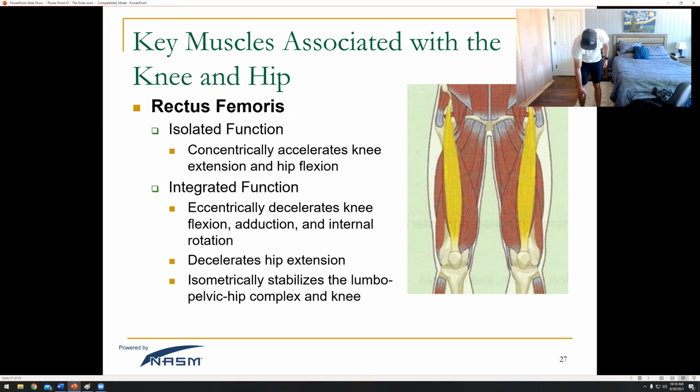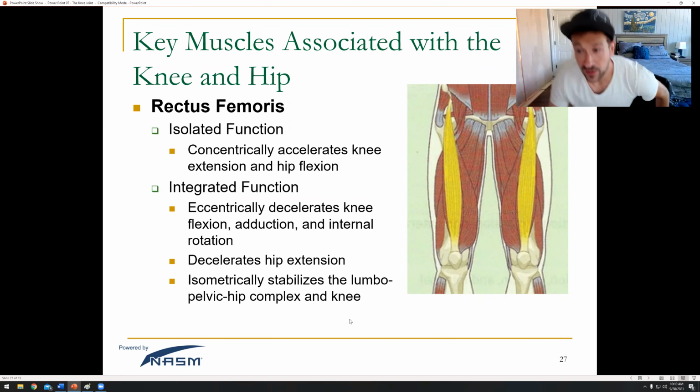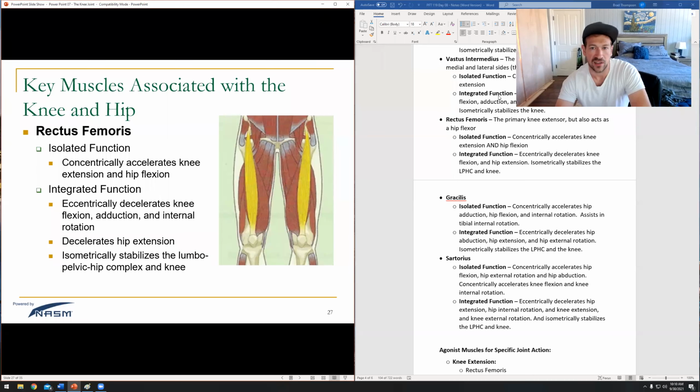And then it runs down over top of the kneecap here. So it is in charge of this. It is still a quad muscle, but it also does this. So that's knee extension and hip flexion, right? So there it is. That's what it says here in the action.